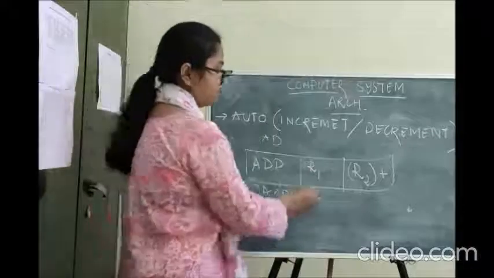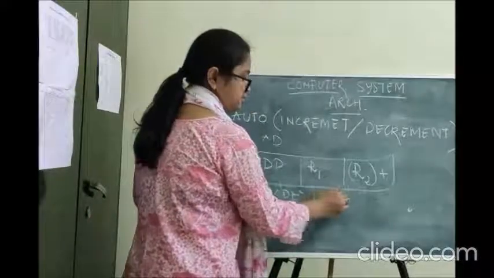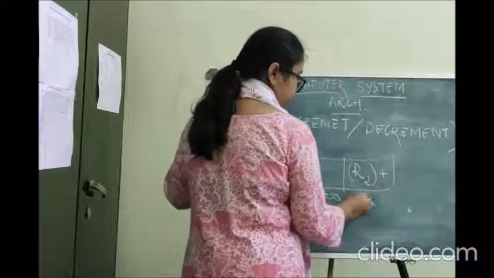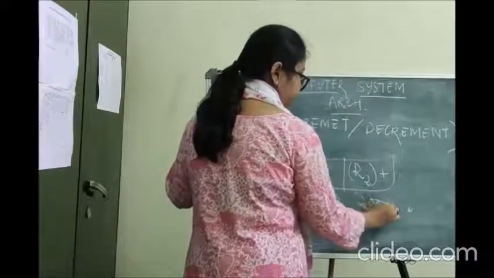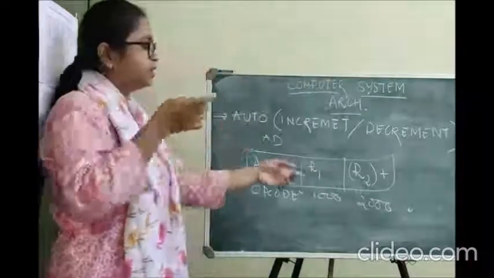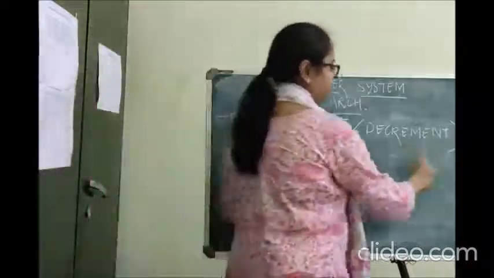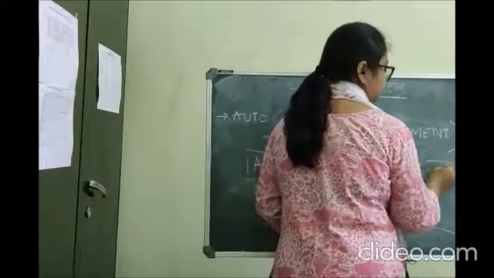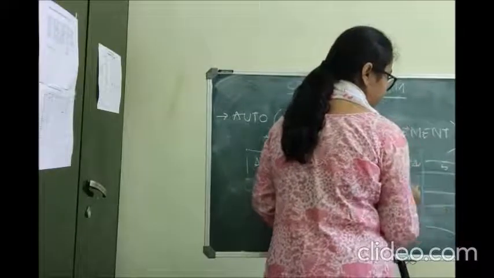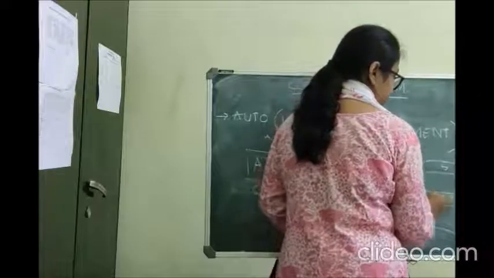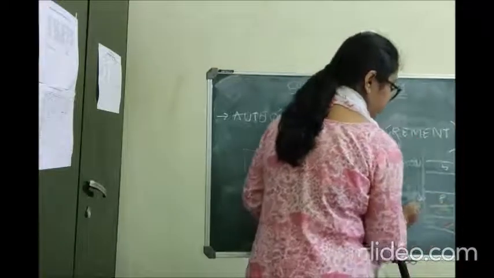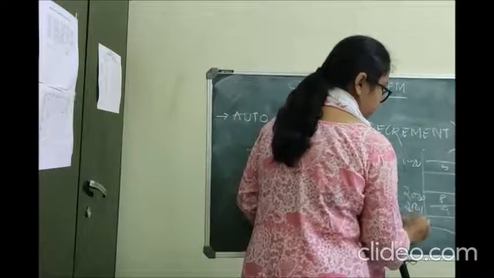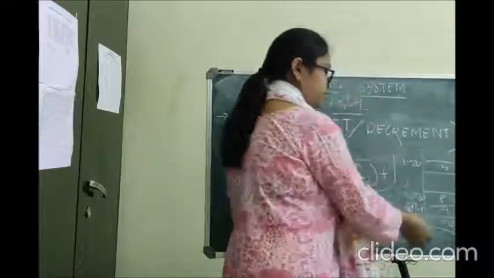For example, suppose R1 contains 1000 and R2 contains 2000. In memory, suppose 1000 contains 5, 2000 contains 8, 2001 contains 9, and 2002 contains 10, and it follows.